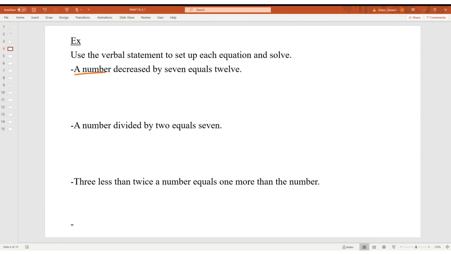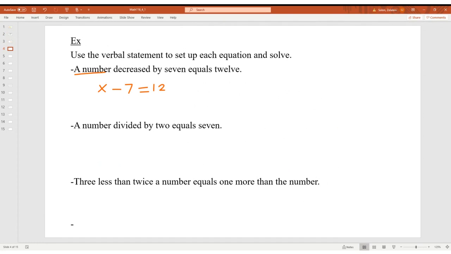Whenever you see something like a number which is unknown, we use a variable. Let's use x. It is decreased by 7, so x minus 7 equals 12. That's your equation. A number decreased by 7 equals 12. We know this number should be 19 because 19 minus 7 is 12.